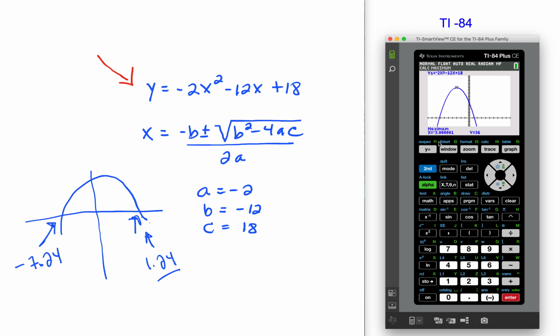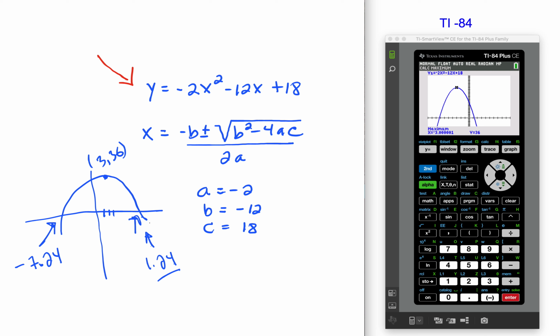Okay, so it's kind of weird, but it's 3. I don't know why it does negative 2.9999999 and negative 3.0000001. It's 3. So it's going to be 3 comma 36. So this point right here is 3 comma 36, over 3, up 36.